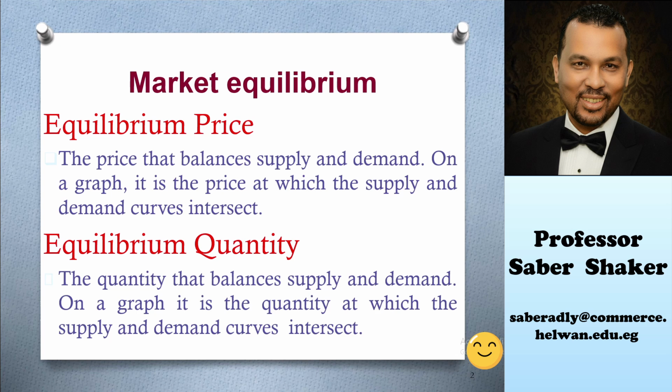This is the equilibrium price, the price that balances supply and demand. By graph, we talk about the intersection between the demand curve and the supply curve. What about the equilibrium quantity? The quantity that balances supply and demand, at the same intersection between the demand curve and the supply curve.